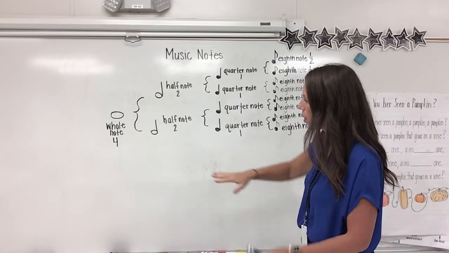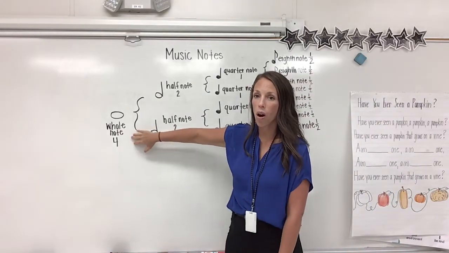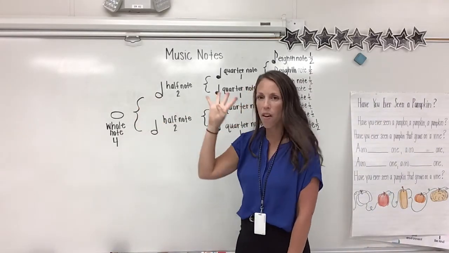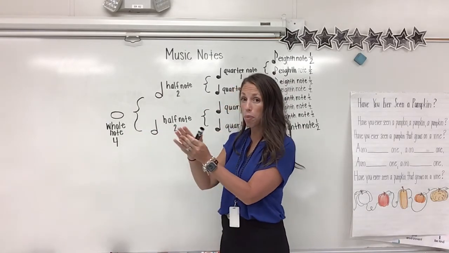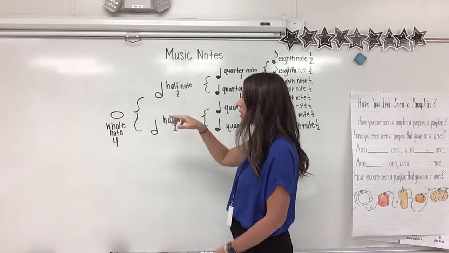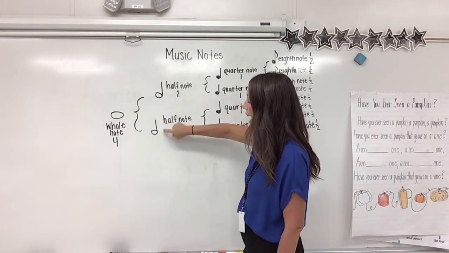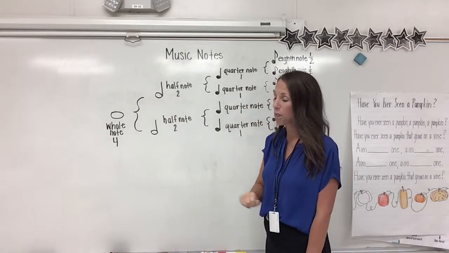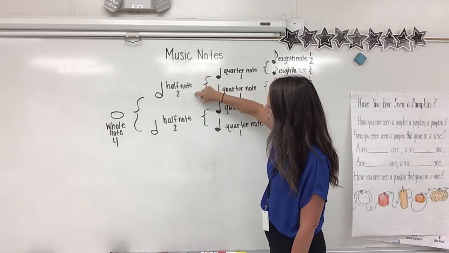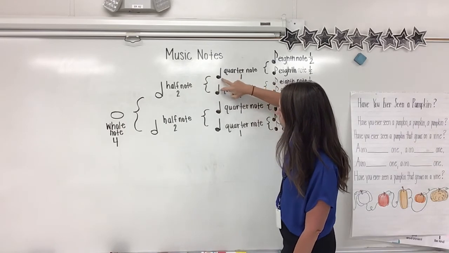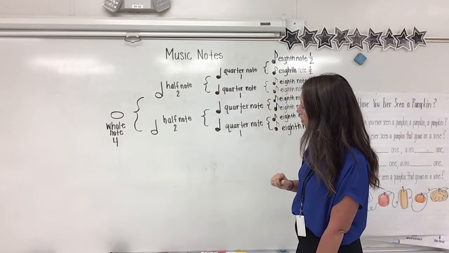So, we start with our whole note, which gets 4 beats. And that whole note breaks down into 2 half notes. Then if we just look at 1 half note, it breaks down into 2 quarter notes.